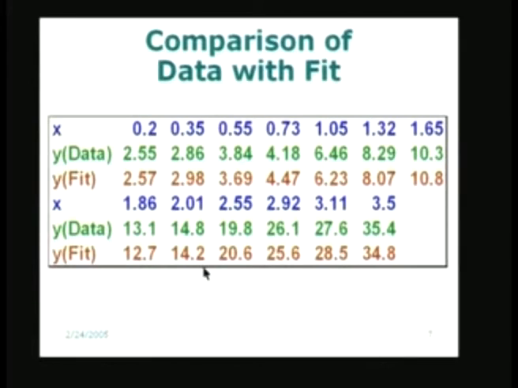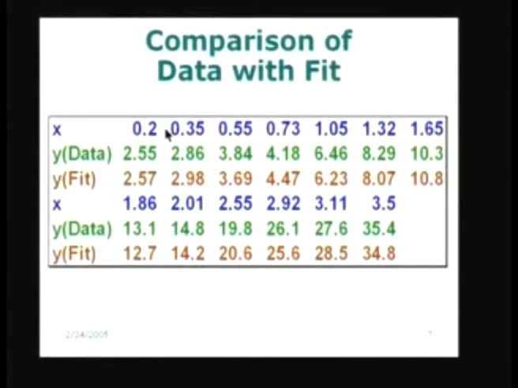So I have compared the data and the fit by actually evaluating the values of the fit at the corresponding values of x given in the table, and I have made a table which gives you the x values in the first row. The second row consists of the data which has been given to us, and I have rounded off the y values calculated by the fit again to 2 decimal points, so that we have a consistent comparison between the data and the fit.